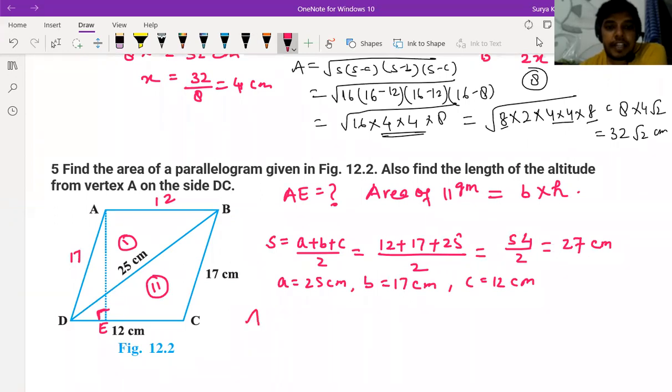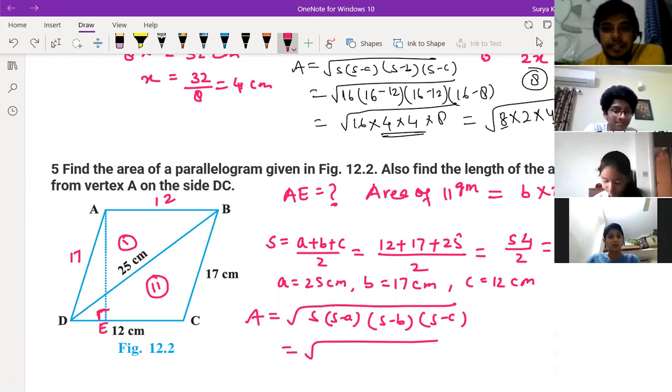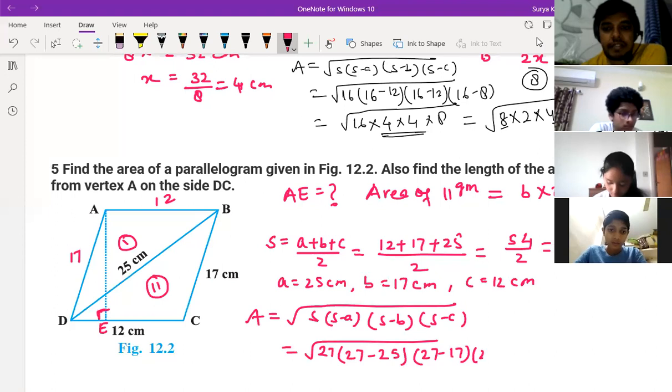So area is equal to root over S into S minus A, S minus B, S minus C. So we can write here S, that is 27, then 27 minus 25, 27 minus 17, and 27 minus 12.